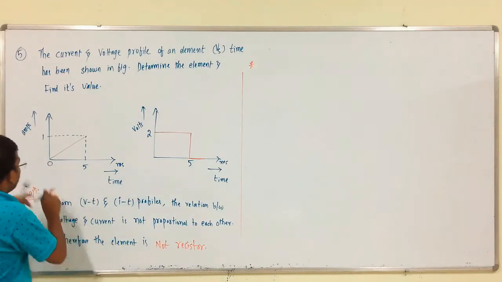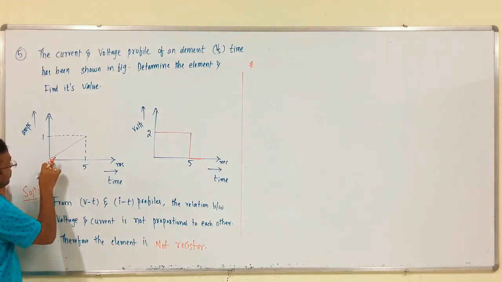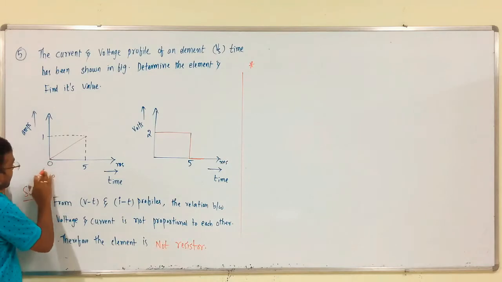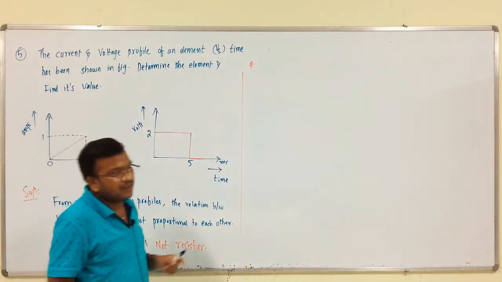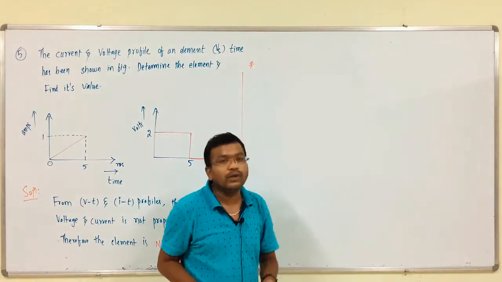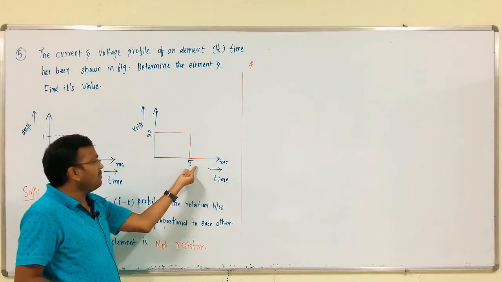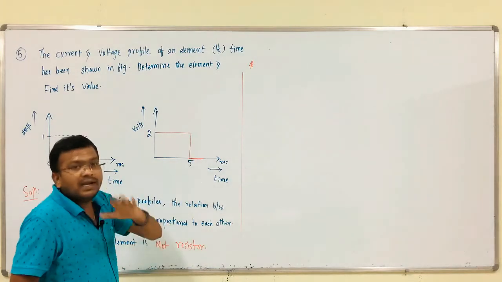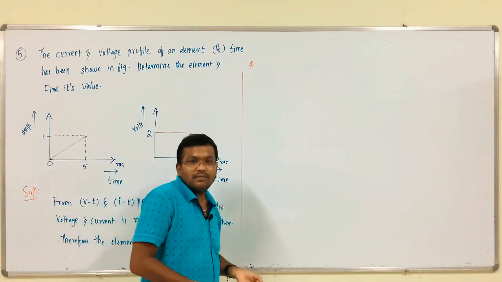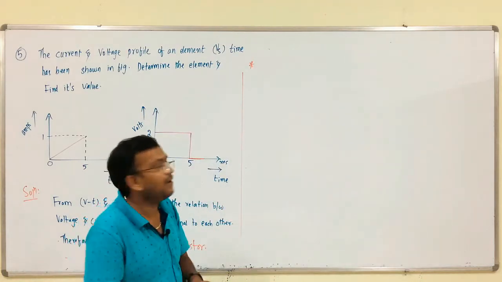When t is equals to 0, the current is also 0, so it acts as open circuited. As well as from this voltage time profile after 5 milliseconds the voltage is 0, it acts as what? Short circuited.